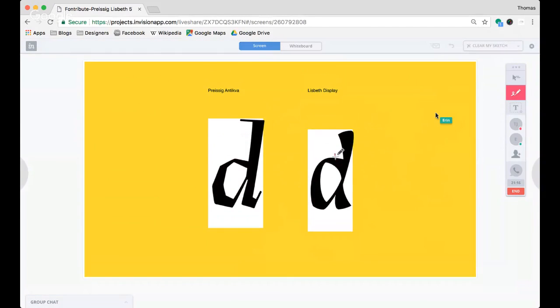Notice the dramatic adding of weight here versus less here. The joint is much higher up in Preissig versus Lisbeth's lower joint between the two. But I definitely see this introduction of serifs and terminals that add secondary textures to it, as well as, like you said, all this crunchy greatness we see over here. So those are the points I see.